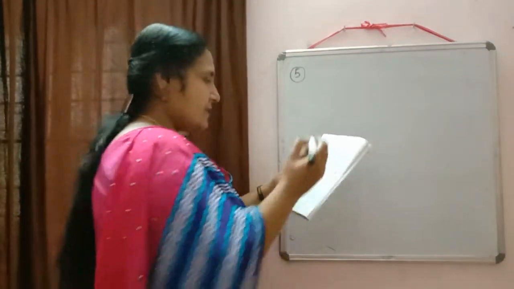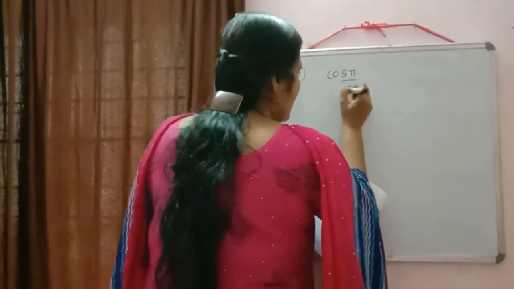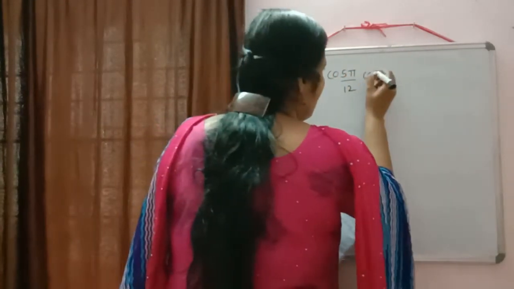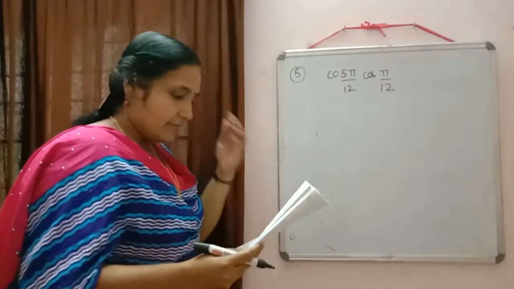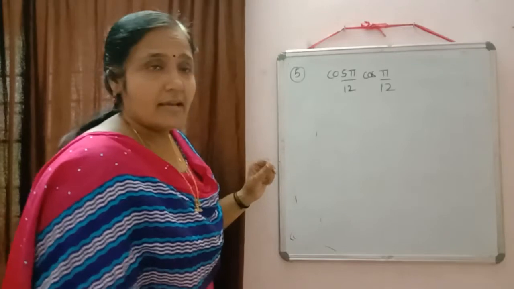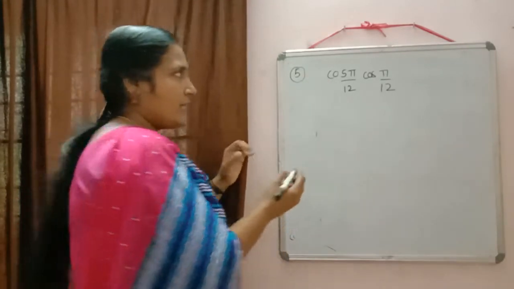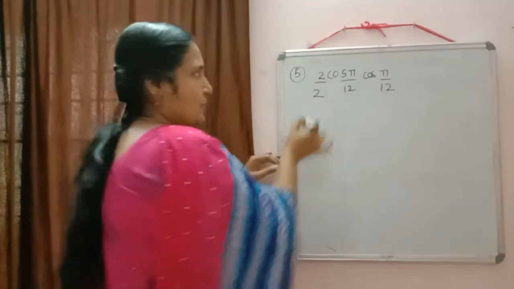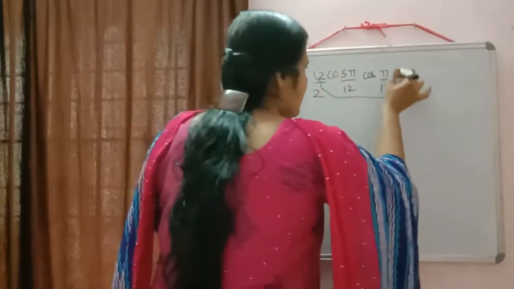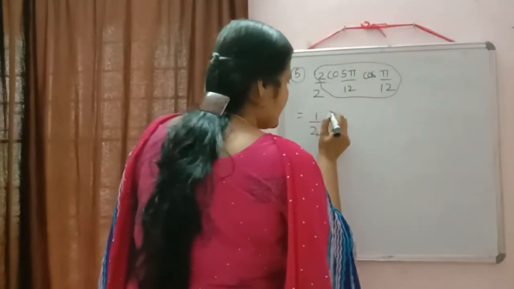Next question is cos 5π/12 into cos π/12. Again here we can check 2 is not there, because to use the formula we need 2 here. So for that we will again multiply and divide it by 2. And then we need this expression to use the formula, so 1/2 we will write as it is there.